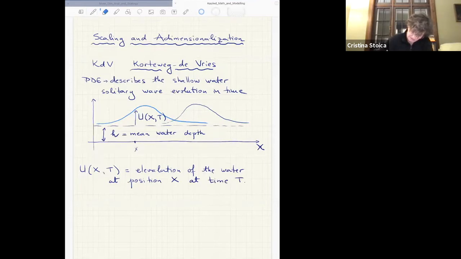Here we have a position X on the X-axis.